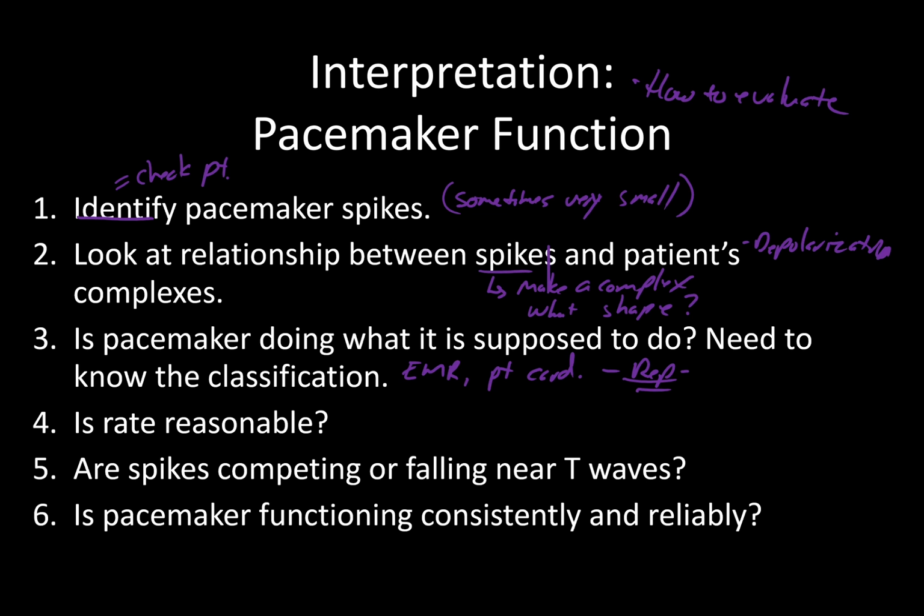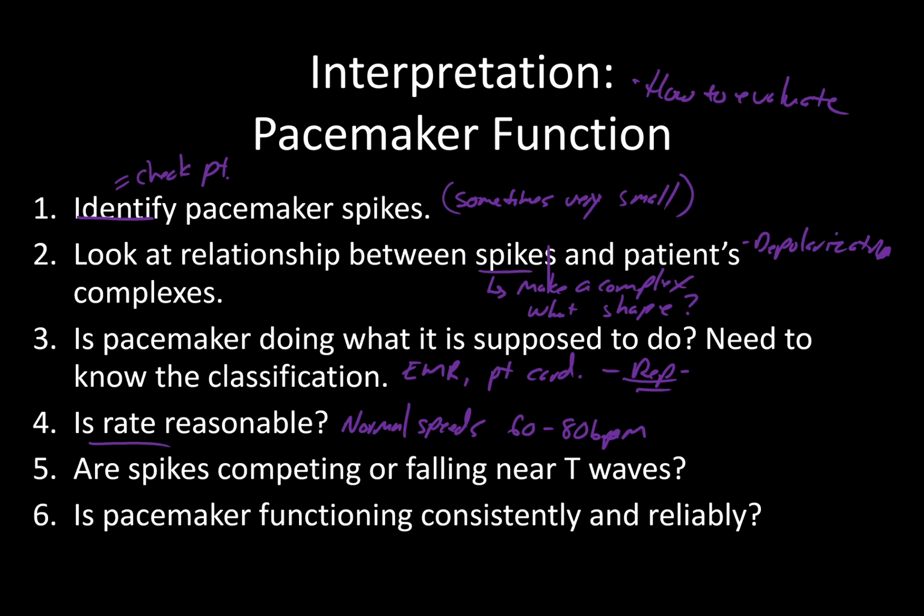While you're looking at your strip, though, you can ask the question, is the rate reasonable? We want to see normal speeds, somewhere from 60 to 80 beats per minute. If it's up over 100, or up to 100, that's not the worst thing in the world, but ideally we'd like it to be as close to normal as possible.